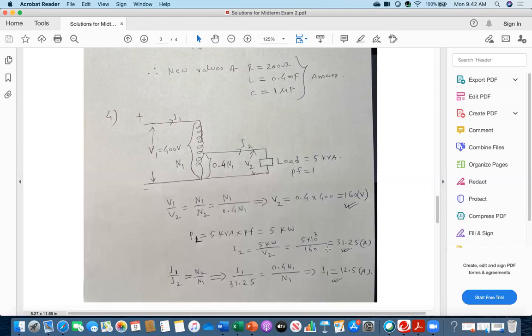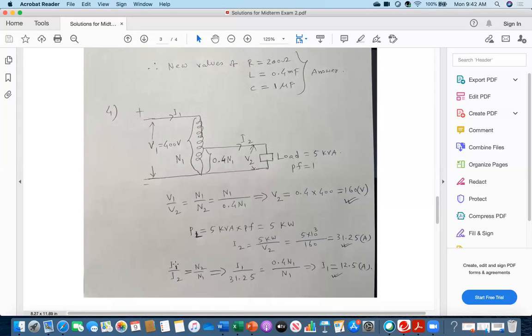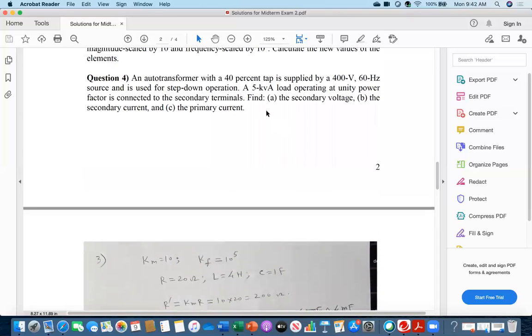Once I got I2, I know N1 and N2, so I'm writing I1 over I2 is N2 over N1, the relationship between current and turns ratio of the transformer. Then I am plugging in all the numbers, so I got I1 is 12.5 ampere. So I got all three answers for this one.